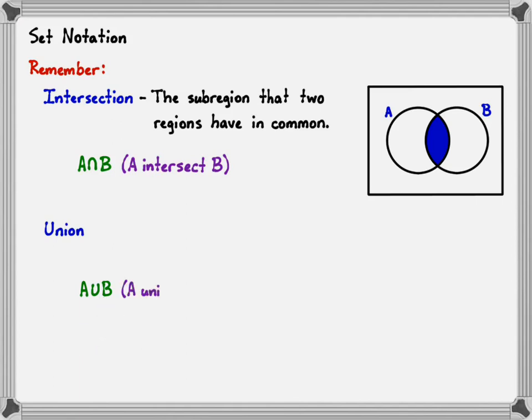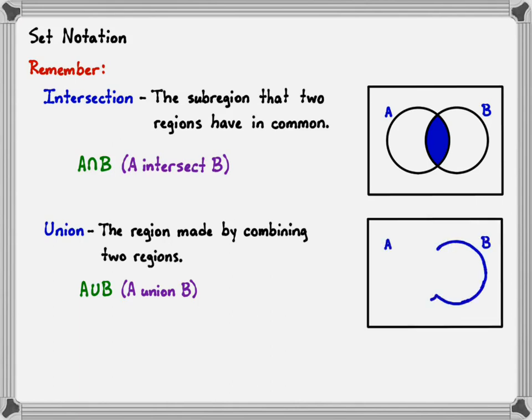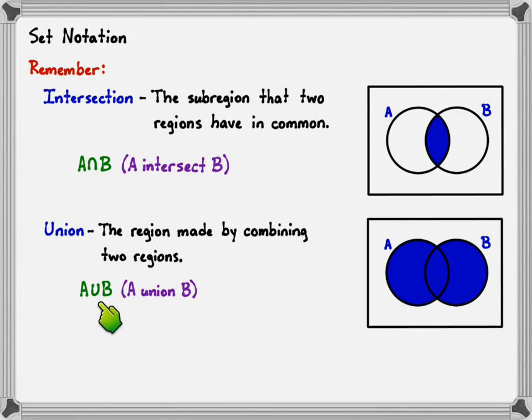So A union B. And this means the subregion, or the regions made by combining 2 regions. So if I drew a Venn diagram again, we're looking at the pieces that combine to make either A or B. And so like I said before, when you hear the word or union, you're thinking 3 of the pieces. So here's 1, 2, and 3.